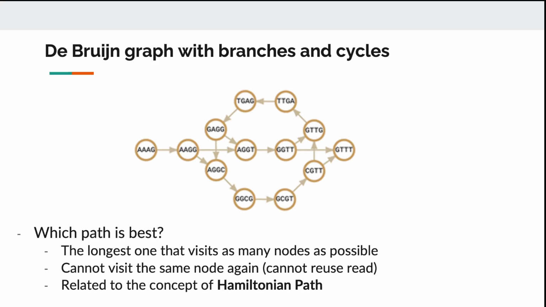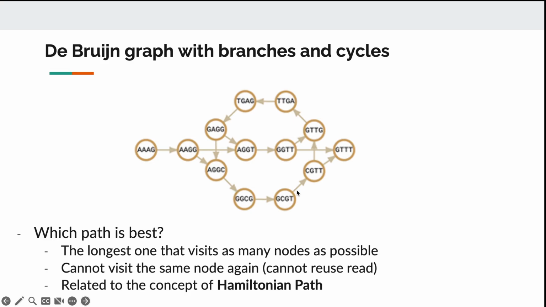Within this De Bruijn graph, one of the key principles for the assembly we produce is that we want to find a path. A path is a walk or travel from one node to the next along the arrows.